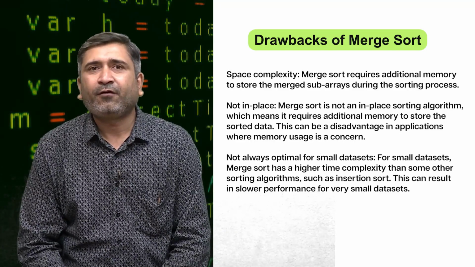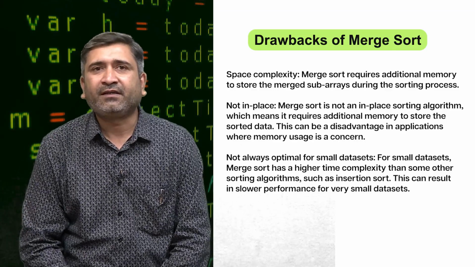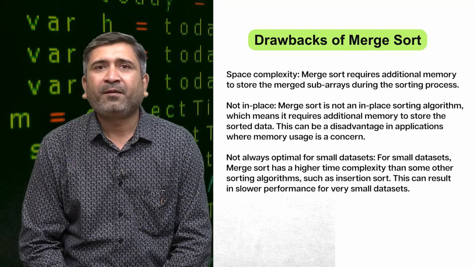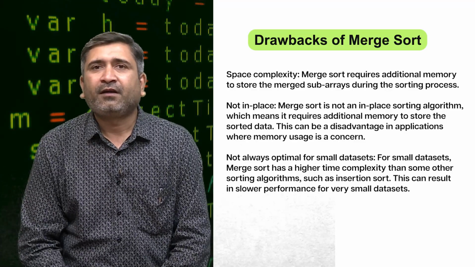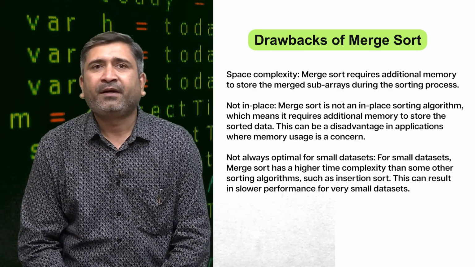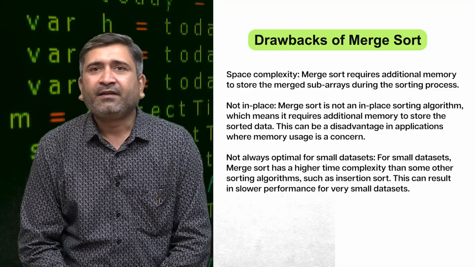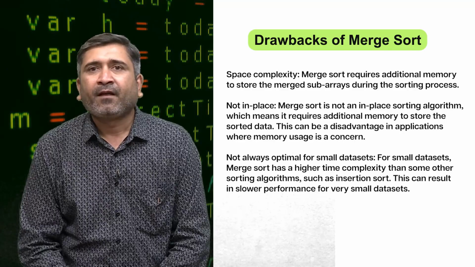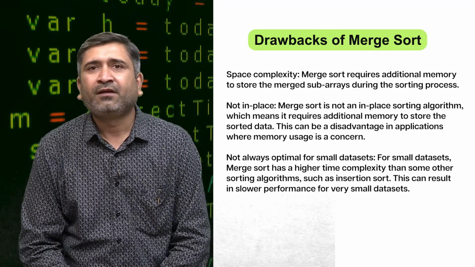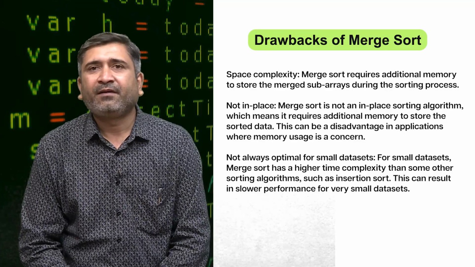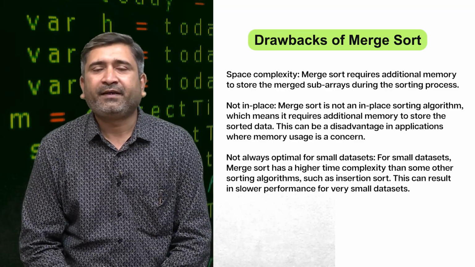It can be a disadvantage in applications where memory usage is a concern. It is also not always optimal for small data sets. For a small data set, merge sort can be slower than some other sorting algorithms such as insertion sort. This can result in slower performance with very small data sets.